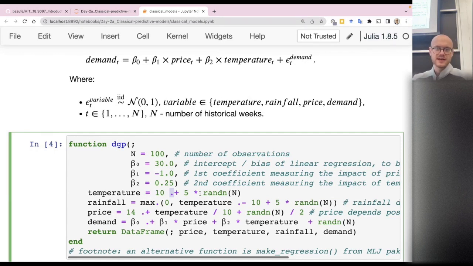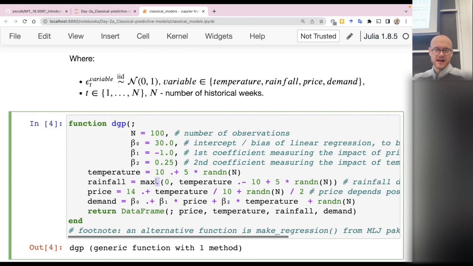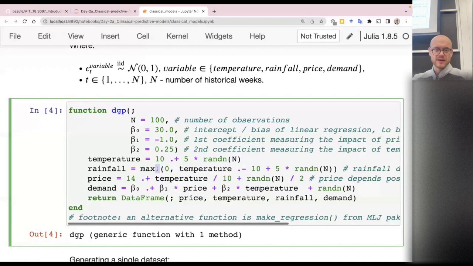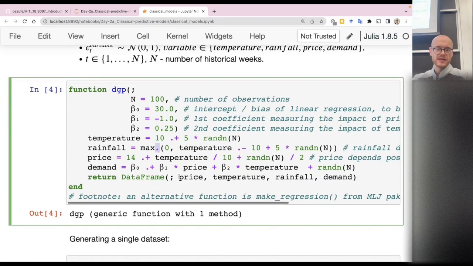Because this is a vector and this is a scalar, and in algebra you cannot simply add a scalar to a vector. You need to do a point-wise operation here, or so-called broadcasting, and this is why we have those dots. The same construction, the same role is played by the dot here and somewhere else. So this is how we define those variables, and then we are returning the data frame.